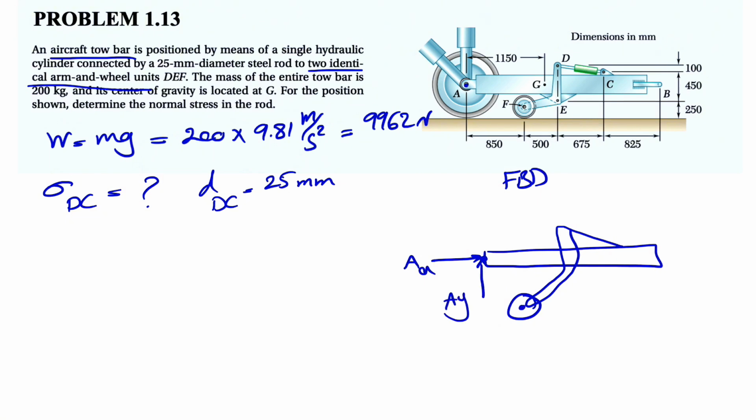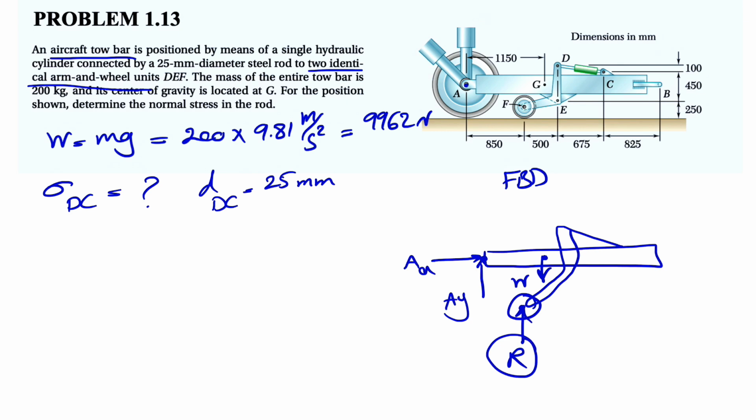We have a normal force at the wheel at point F, let's call it R, and at point G we have the weight of this tow bar, and that's pretty much all the forces that we have in here. What we are interested in here is the normal force R, because after that we can move on to the free body diagram of member DEF, and from there we can find the normal stress at member DC.